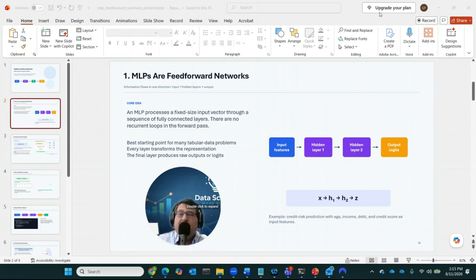Another important idea is that each hidden layer creates a new representation of the data. The network isn't simply passing the original variables forward unchanged. Each layer transforms them. So we can think of an MLP as a sequence of learned transformations. Original features, then hidden representation number one, then another hidden representation, and finally the prediction.